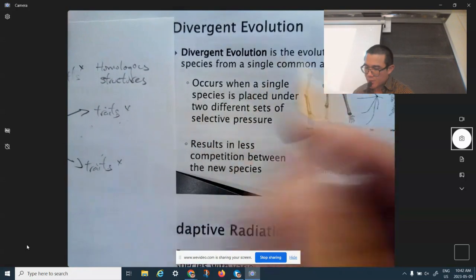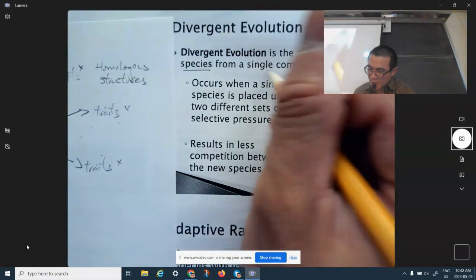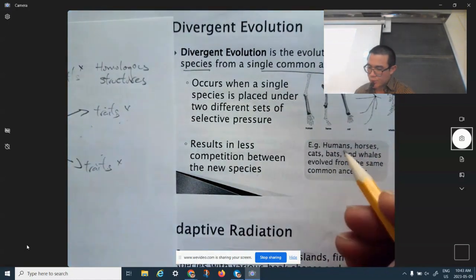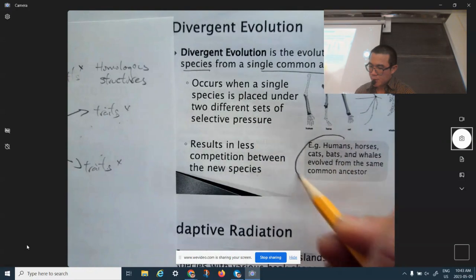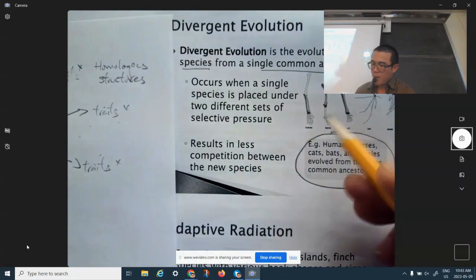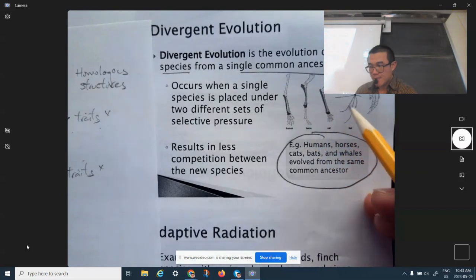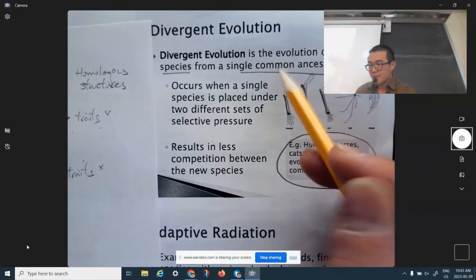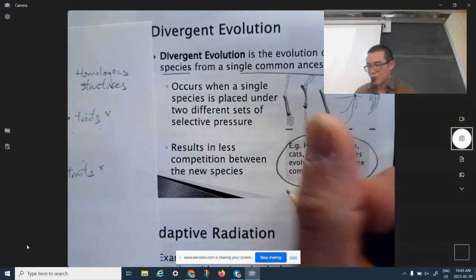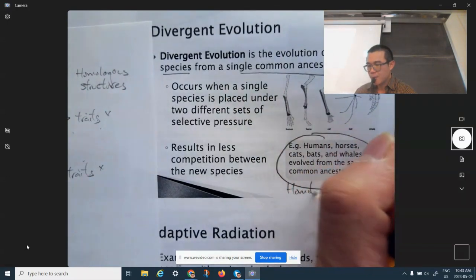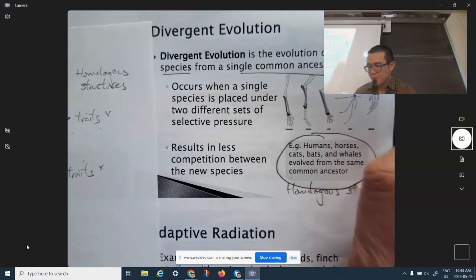In this case, you have many different species and one single common ancestor. But if you look here, the homologous structures within these 5 different species would suggest that they had a common ancestor. Yes, we saw homologous structures last week because that was part of the Chapter 7 material.